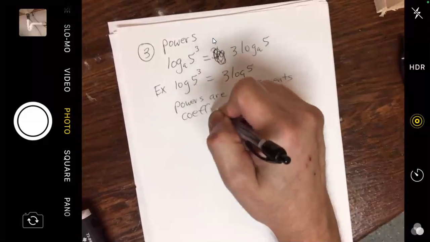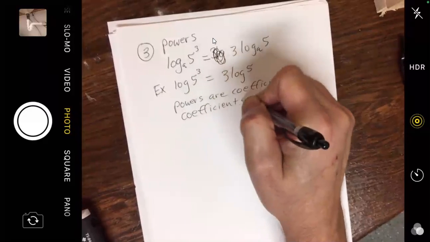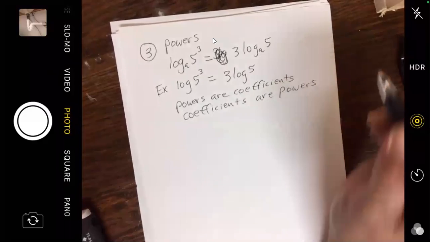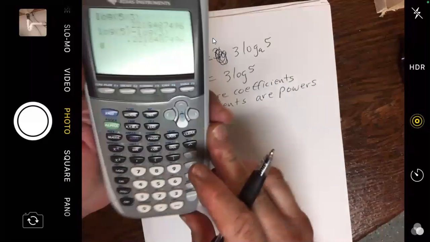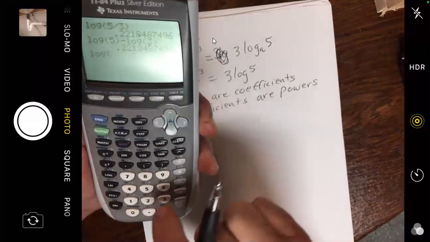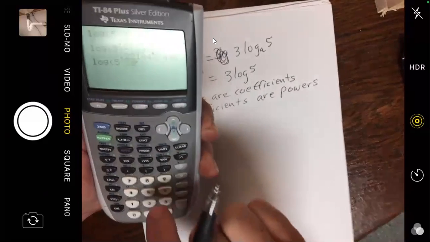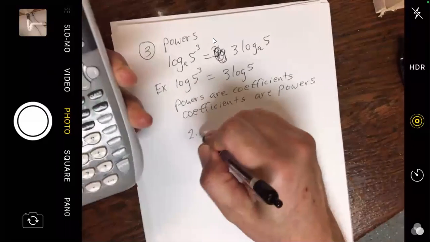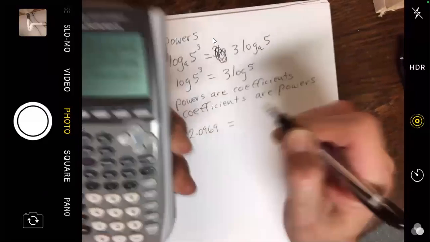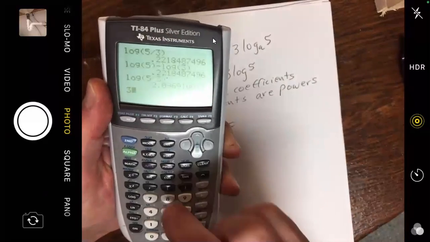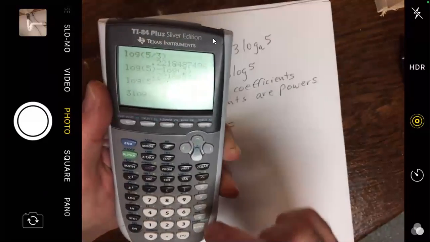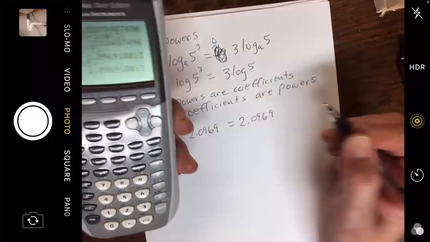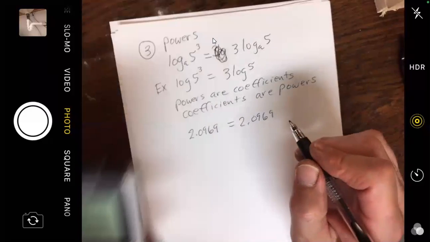Coefficients are powers. Log of 5 raised to the third power, 2.0969. If I take 3 log 5, we have 2.0969. Okay.